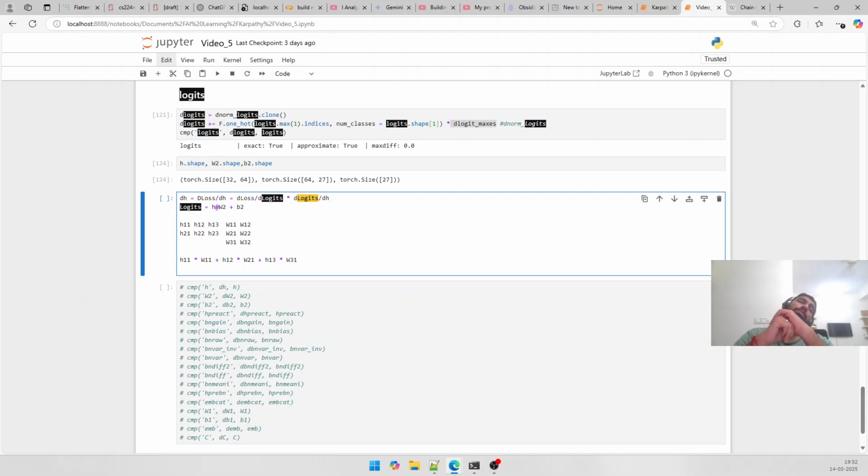Differentiating with h, we'll get a 2 cross 2. What does differentiating with h look like for that? I mean, if h changes, how does this get impacted?